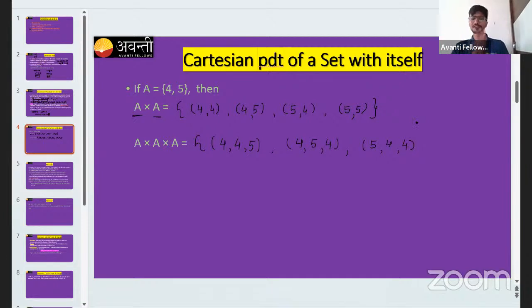So I hope no other combinations remain. Please check and let me know in the chat box if any other combinations remain. 4, 4, 5, 4, 5, 4, 5, 4, 4. I don't think any other combinations remain. So this is the Cartesian product of a set with itself, but it is 3 times, A cross A cross A.